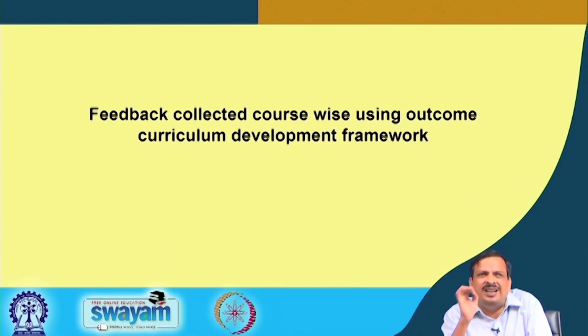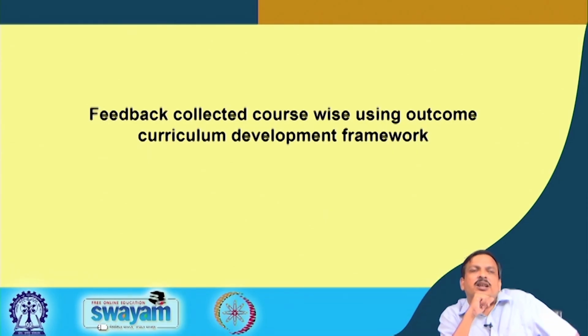So my proposition is to design the entire outcome based curricula as you do in assignment number 3. Design an entire course: unit outcome, module outcome, course outcome, problem, all those things. Then ask the students about the feedback or attainment level of those outcomes. What is your opinion on the attainment level of CO1?